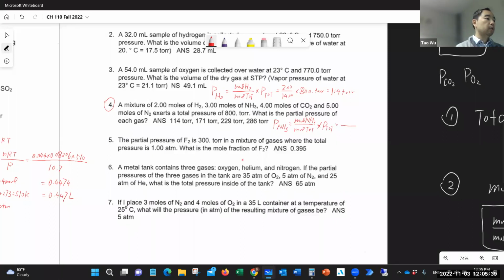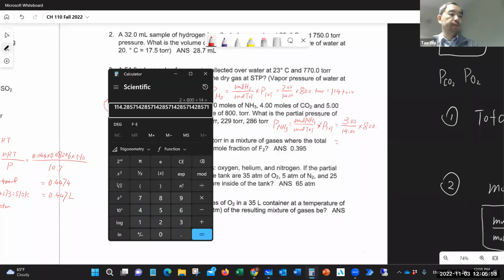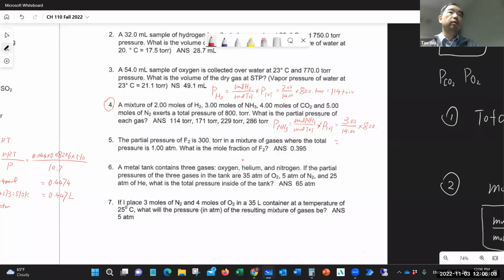The moles of ammonia is 3.00, divided by the total of 14 moles, times the total pressure, which is 800. So 3 times 800 divided by 14 is 171 torr.